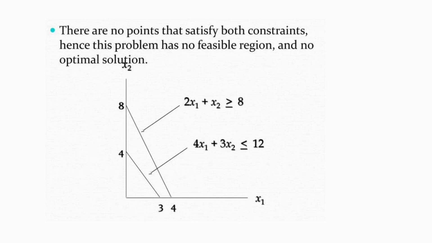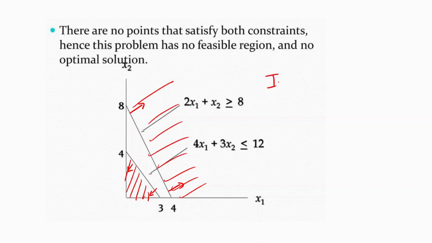We won't be able to find the region. So it's an example for the infeasible solution. So here it is greater than equal to 8 and this is less than equal to 12. So can we see any common region between these two? No, there is no common region. So we are getting an infeasible solution.